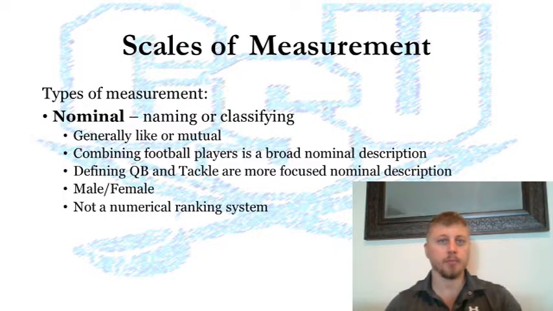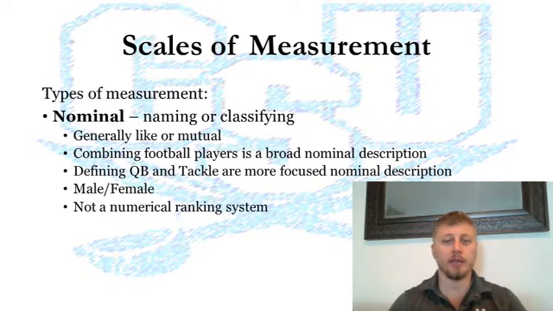Then you have your medium speed of people, and we'll put them in the B group. And then you have your slow group, which would be the D or C group, depending on how many people fit in that category. So there's multiple different ways to nominally classify people, as in male and female.